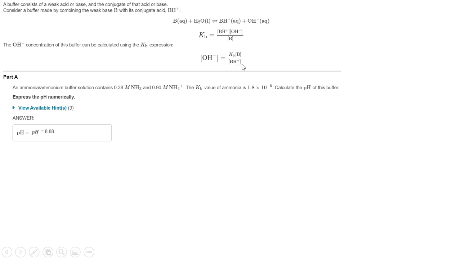And that's actually what makes the Henderson-Hasselbalch work as well, is because typically the amount of acid or base you use up compared to what you start with just won't make any difference. It won't change the numbers. And so what we do here is we just use this equation they've given us. We want the pH of this, but we can get the pH from the OH minus. So let's just do that first.